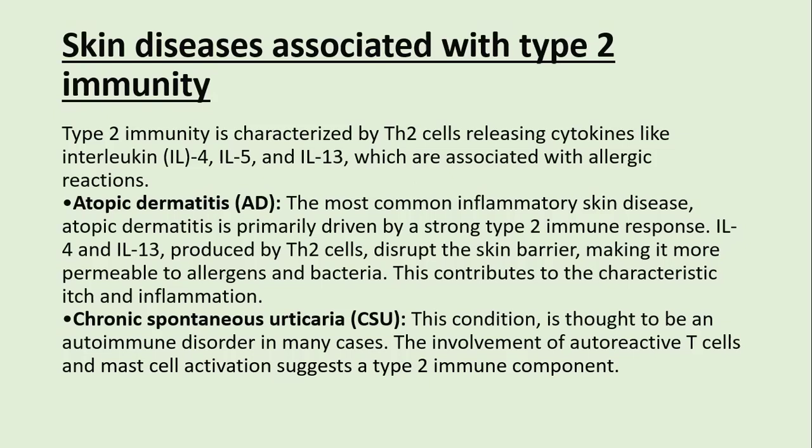Chronic spontaneous urticaria is another allergic condition and is thought by many to be an autoimmune disorder. It involves the autoreactivation of T cells and mast cells, suggesting a type 2 immune component.